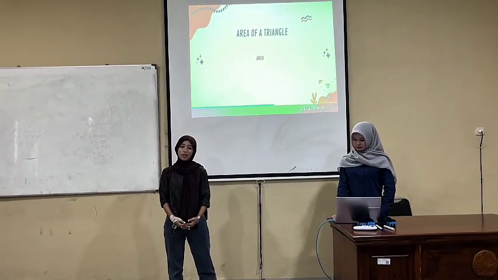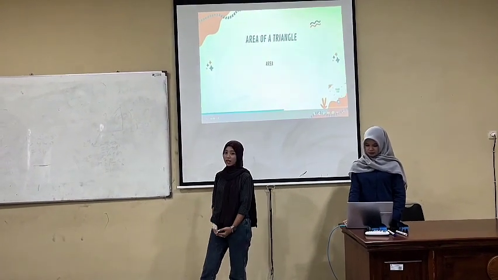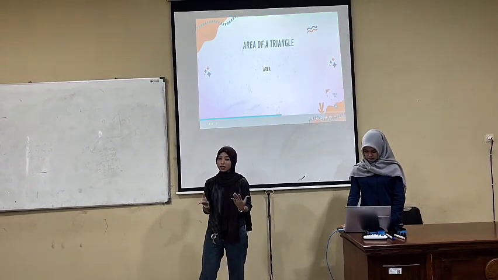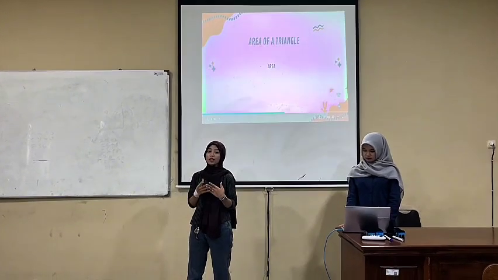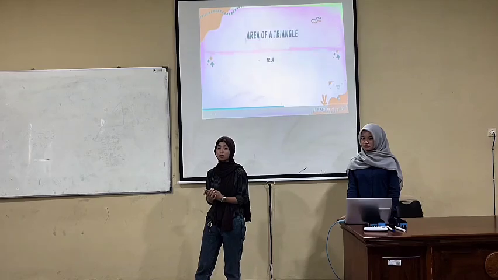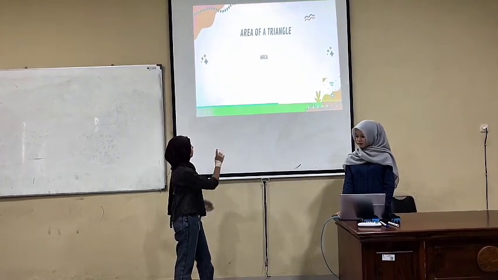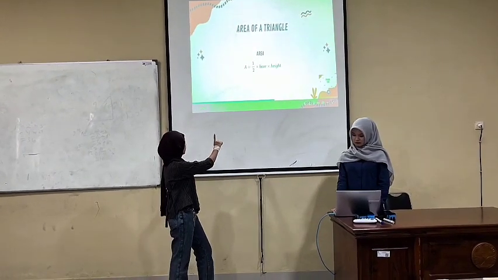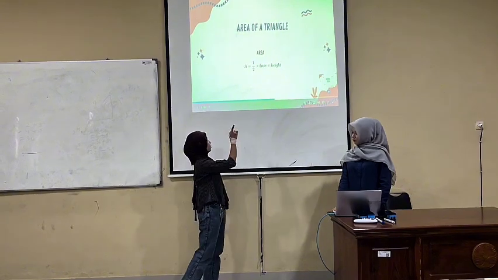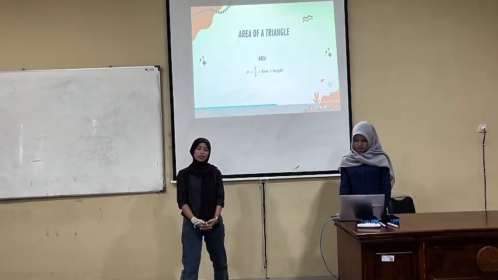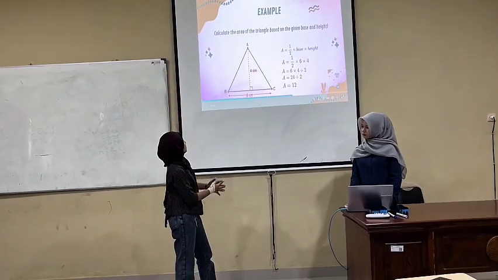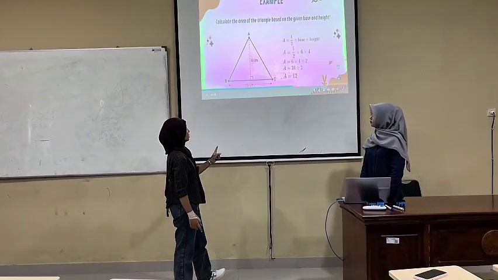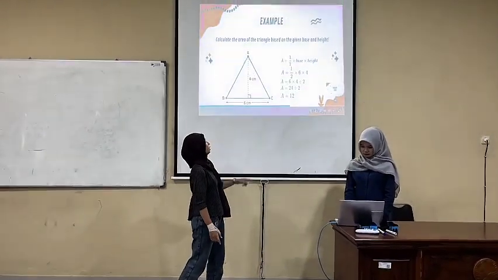Okay, now we move to the area of a triangle. Area is the size of the space inside of a triangle. To find the area, what do we use? Base and height. Okay, correct. The formula is 1/2 times base times height. For example, calculate the area of the triangle based on the given base and height.